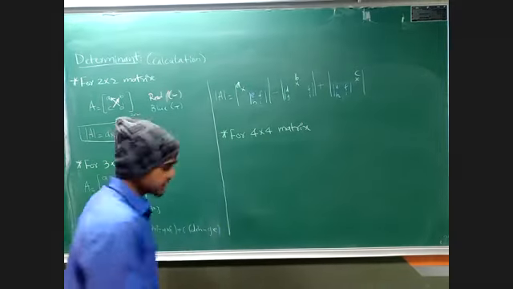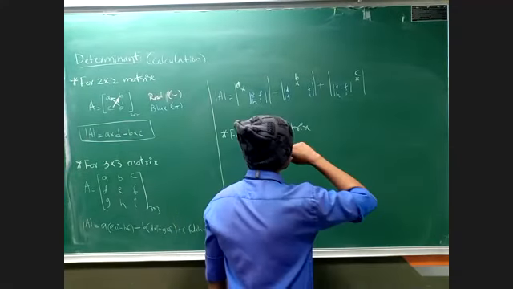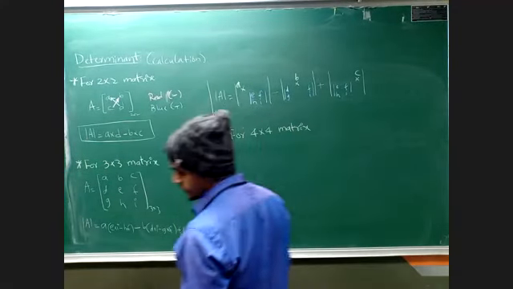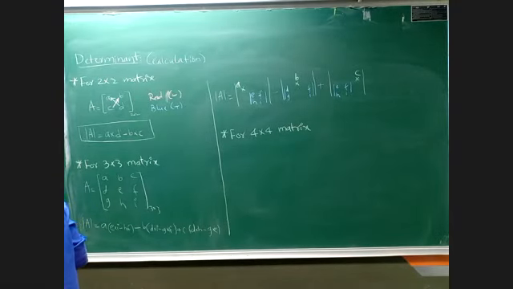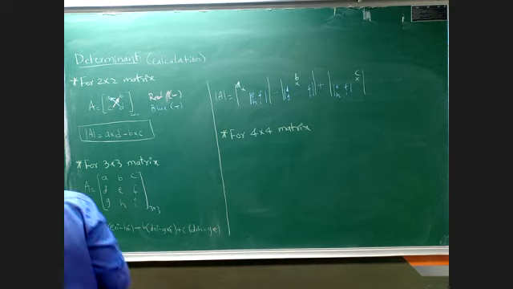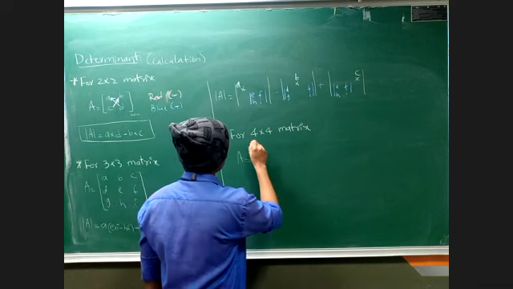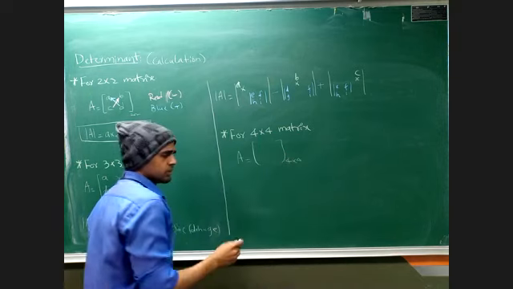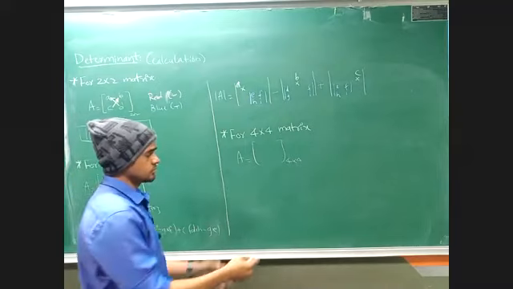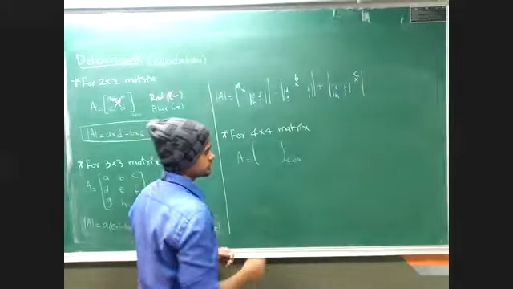Okay. Let's look here. Suppose I have a 4 by 4 matrix. I'm not going to write it, this is long. We need some space here, that's why I'm not going to write the 4 by 4 matrix.